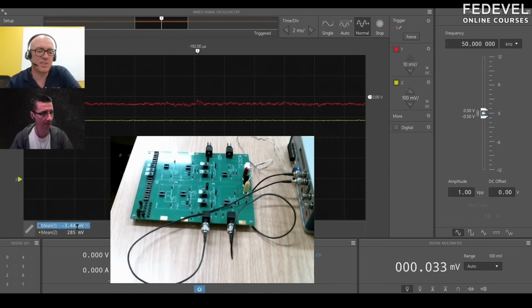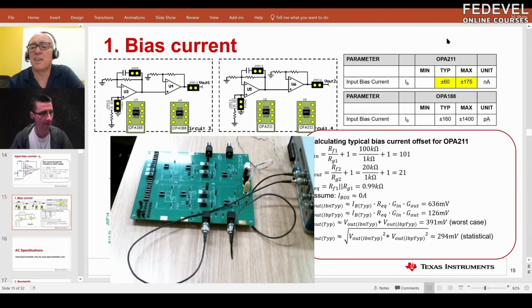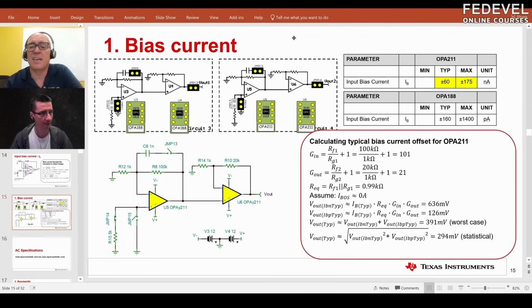But the other device, its offset didn't really shift that much. The reason is that if we look at the bias currents, the one that's not optimized for DC performance has a large bias current in the hundreds of nanoamps, and the other device has 1,000 picoamps, about 1 nanoamp of bias current.